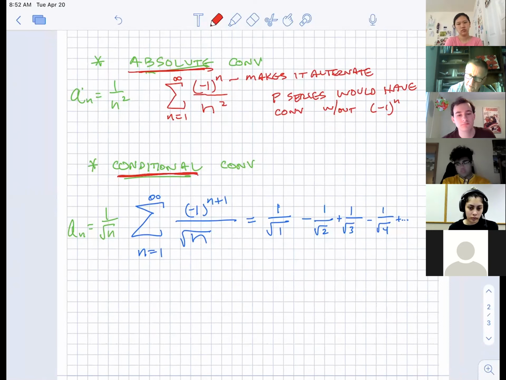So as I look at the terms in this sequence, yeah, square root of 2 is a little bigger than square root of 1, square root of 3 is a little bigger than square root of 2, square root of 4 is a little bigger than the square root of 3. I can see these terms are getting smaller and smaller and smaller. Again, I'm ignoring the plus and minus signs. Those are taking care of themselves.